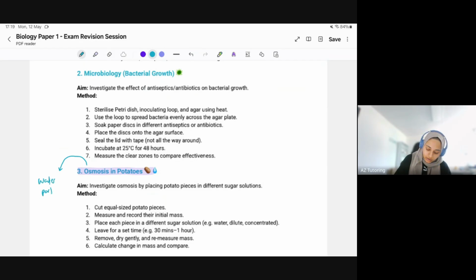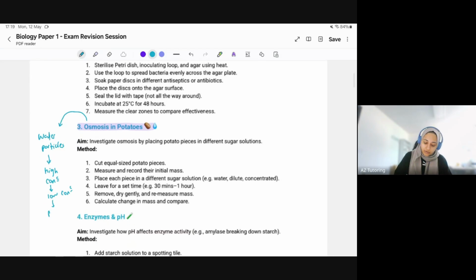You can talk about it in terms of moving from dilute to concentrated solutions, but it's better just to write water particles, high concentration to low concentration, because it's very explicit. So water particles move from a high concentration to a low concentration across a partially permeable membrane.